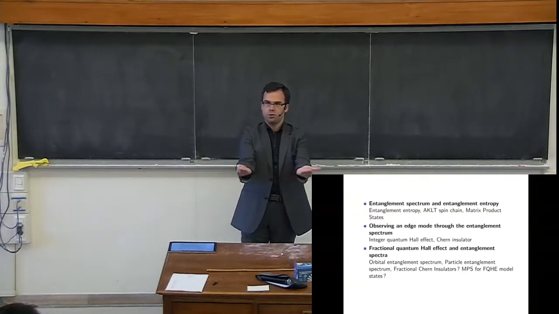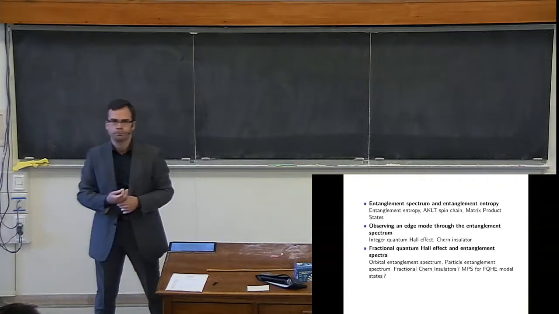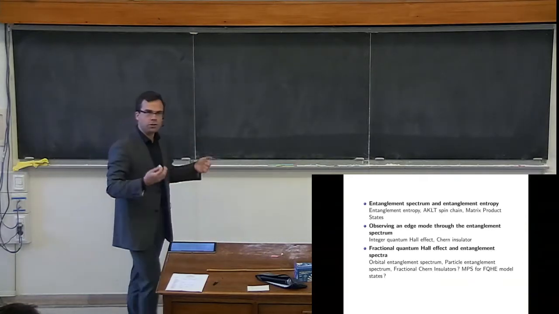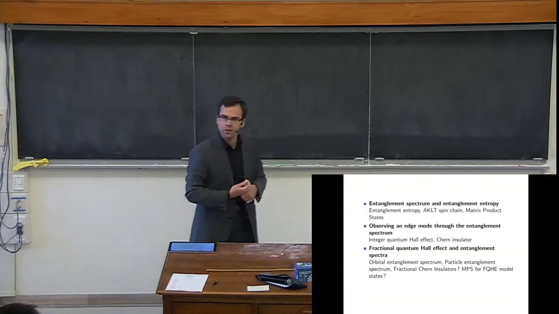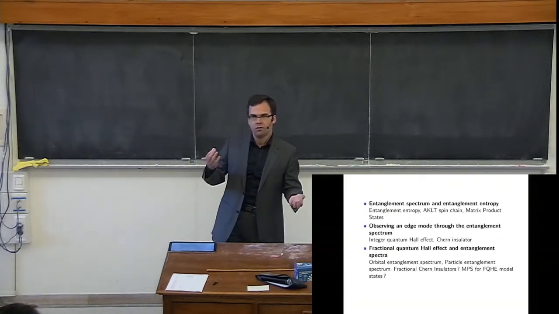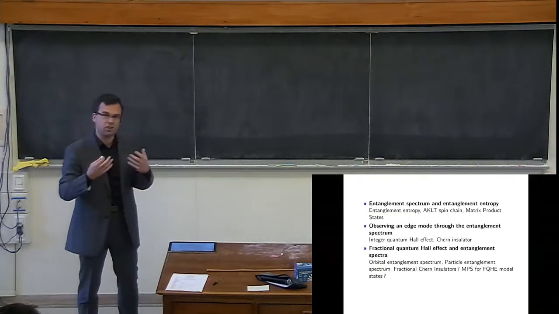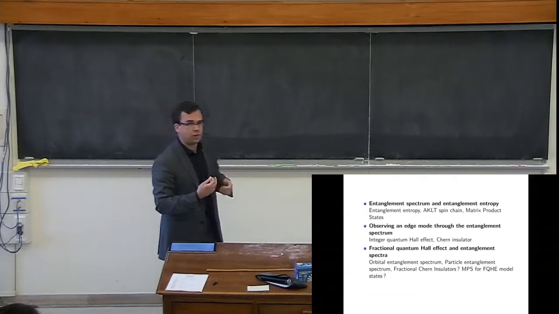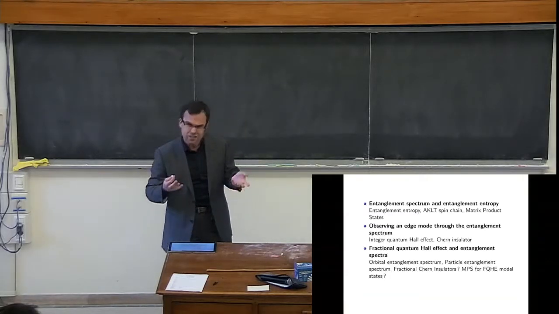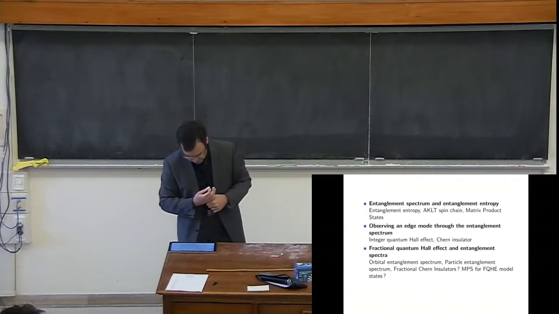You just compute a scalar product and you will get a number between 0 and 1, a number that will decrease if you increase the number of particles. So you have to decide, is it a good overlap? Is it a bad overlap? I will tell you in this lecture what kind of argument you can make to decide if it's a good or bad overlap. But it's just a number. So you have to set a threshold and say, okay, this one is a good overlap, this one is a bad overlap.